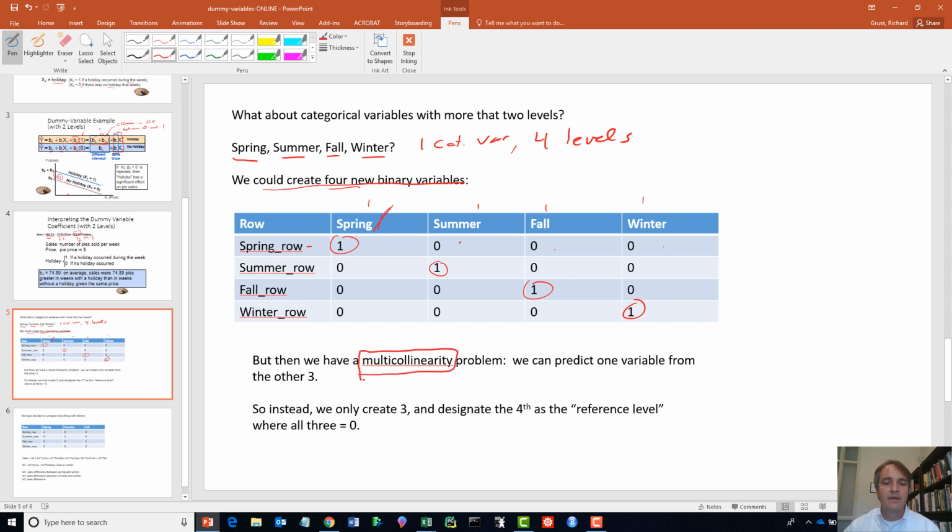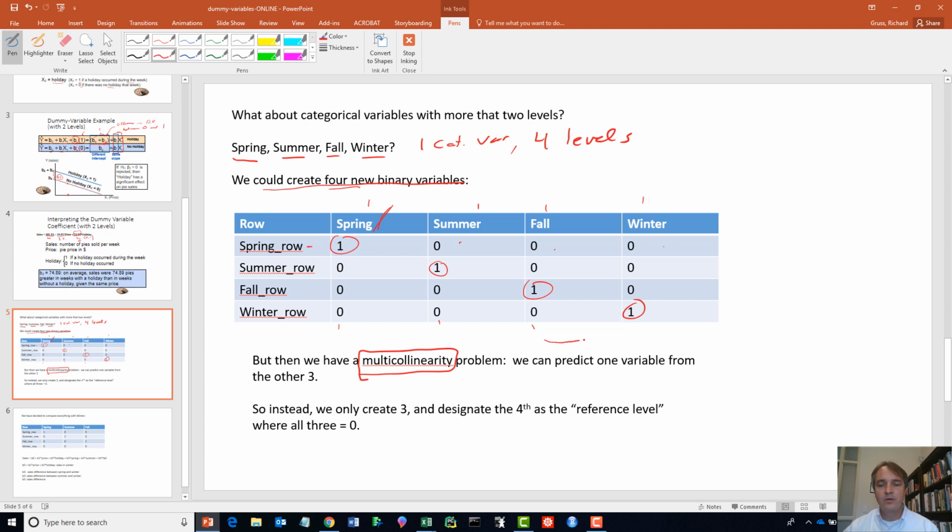The reason we have multicollinearity is that it's possible to predict one variable. Let's say this winter row has a 0 for this variable, a 0 for this variable, and a 0 for this variable.